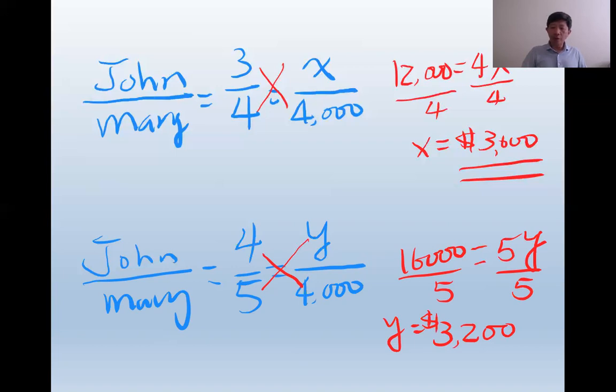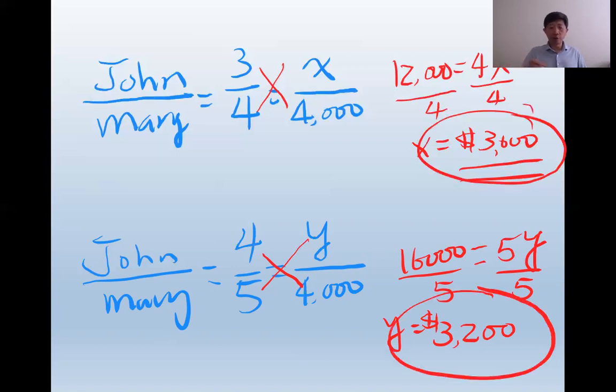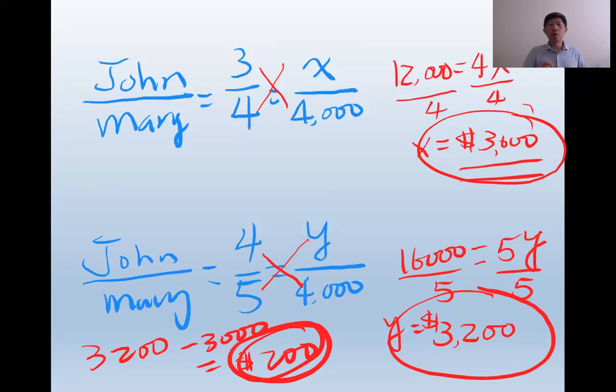This is after the raise. This is before the raise, right? Now how much raise? The question asks how much raise. So therefore, we take 32,000 minus 3,000. So therefore, I got $200. So now I know John's salary has increased by $200.